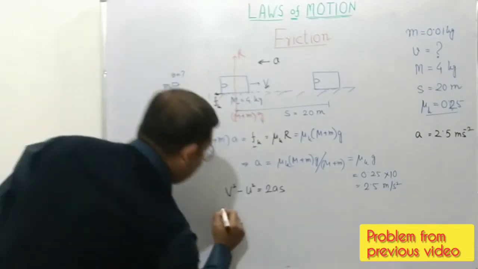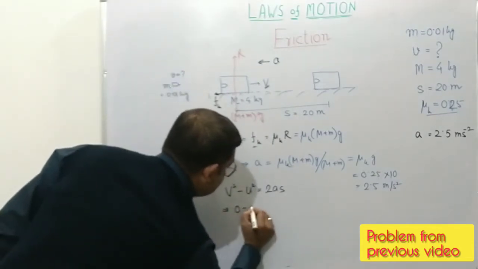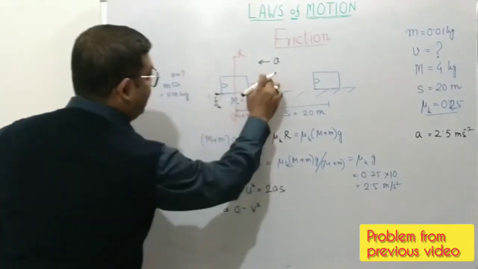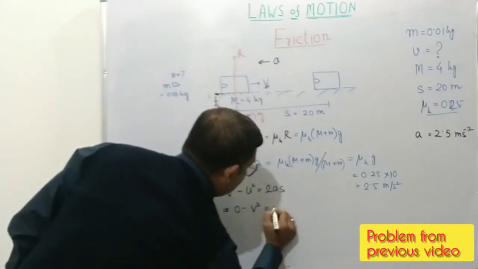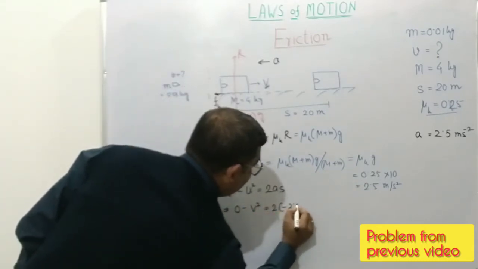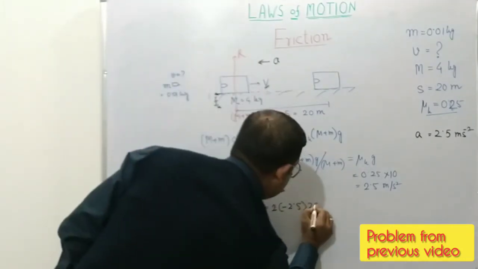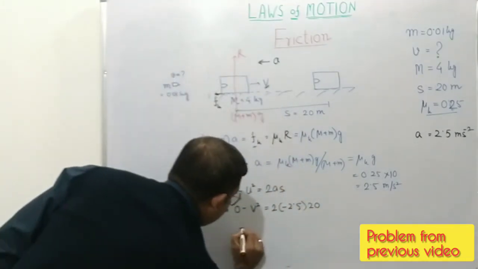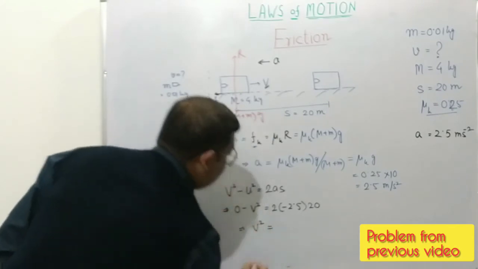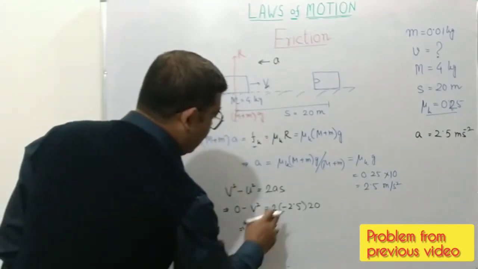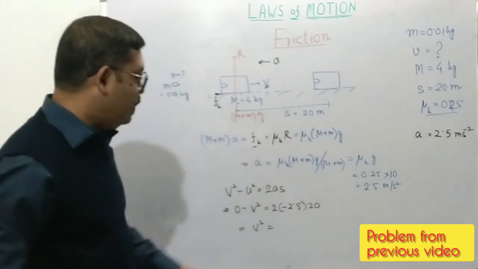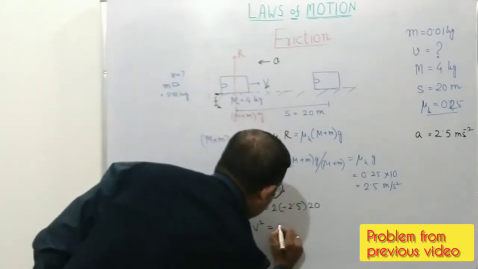So if we substitute the values, we get 0 minus V square equal to 2 into minus 2.5, because it's a negative acceleration, into s, which is 20, which will give us V square equals 5 into 20, 100.